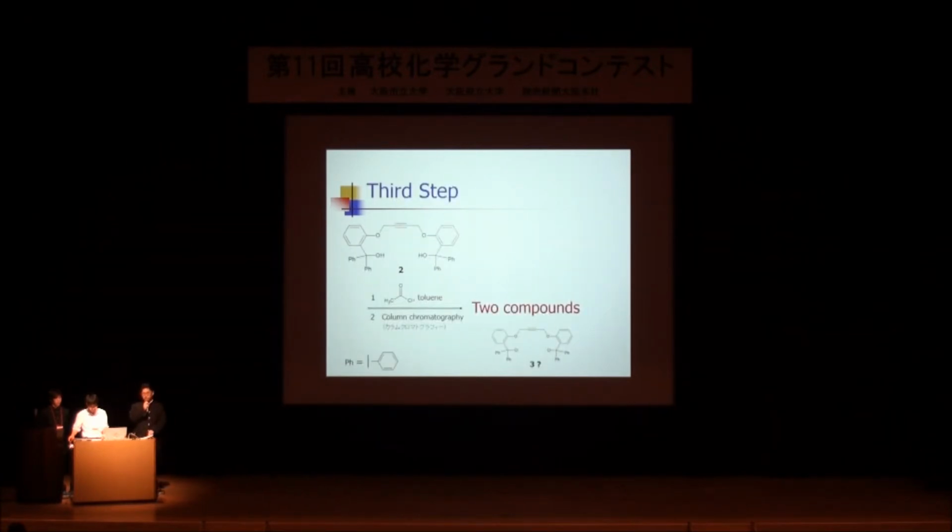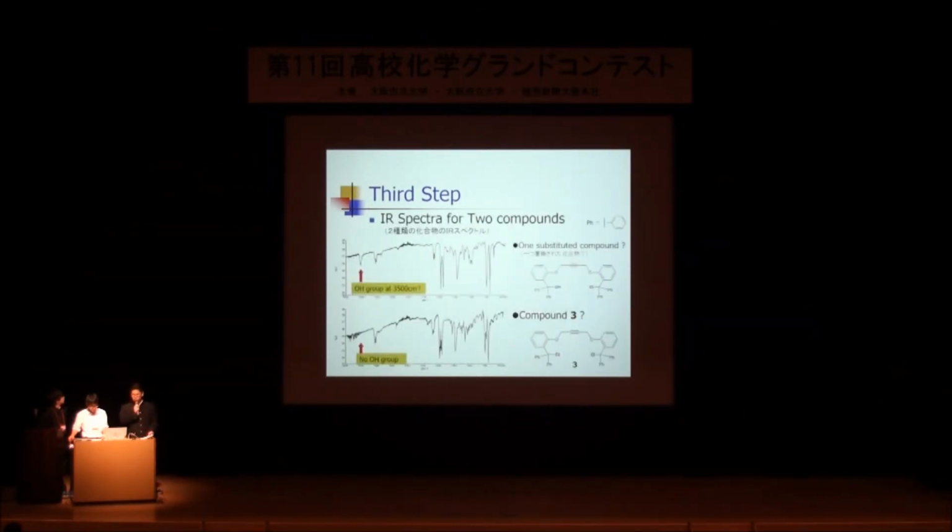The third step is a protection. We get a mixture, so the mixture was separated by chromatography. And finally, we get 2 compounds. Here you can see the IR spectrum for two compounds. Absorption peak around 3,500 wave number corresponds to a hydroxyl group.